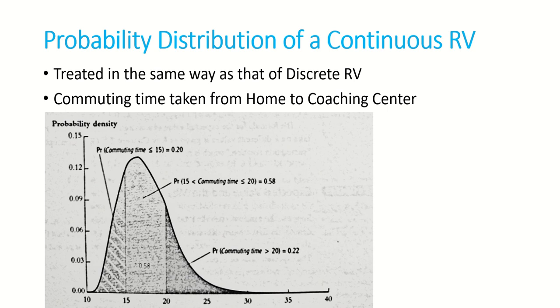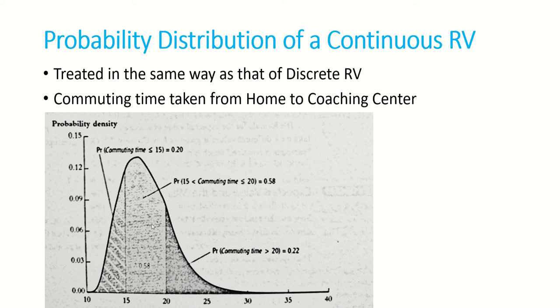Just to make things simple, we are trying to create a bell-shaped density function similar to a normal curve. If you look at the x-axis, this is nothing but the commuting time in minutes, and on the y-axis we have the probability. Now the most important thing for a continuous random variable is that the function is not defined at a point, it is only defined in an interval.